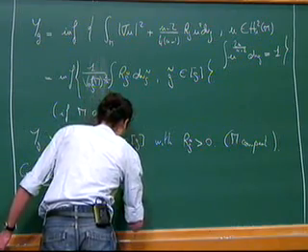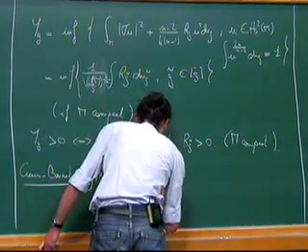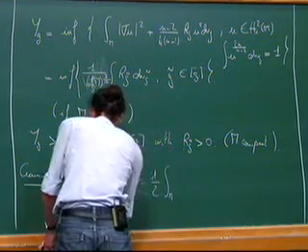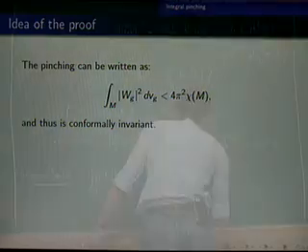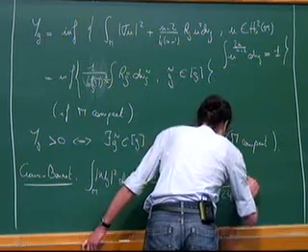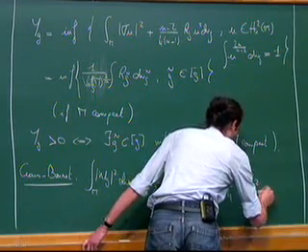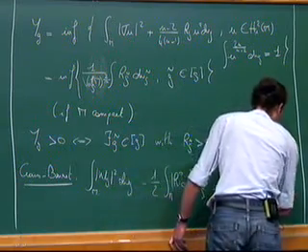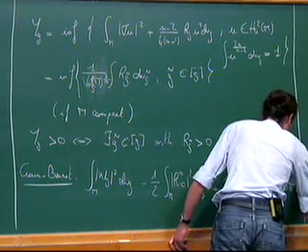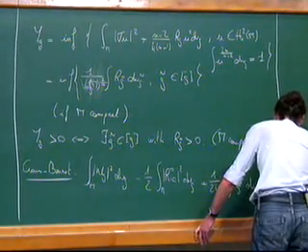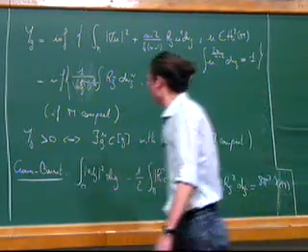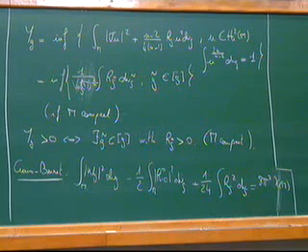You have that the integral of the norm of the traceless Ricci tensor plus 1 over 24 of the scalar curvature squared, the Weyl curvature being a conformal invariant, is a topological invariant, 8 pi squared times the Euler characteristic of M. So if you put this formula together with the pinching, you get this equivalent pinching.